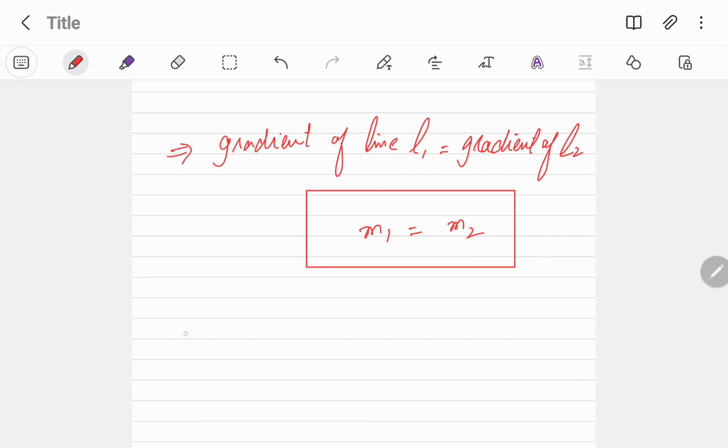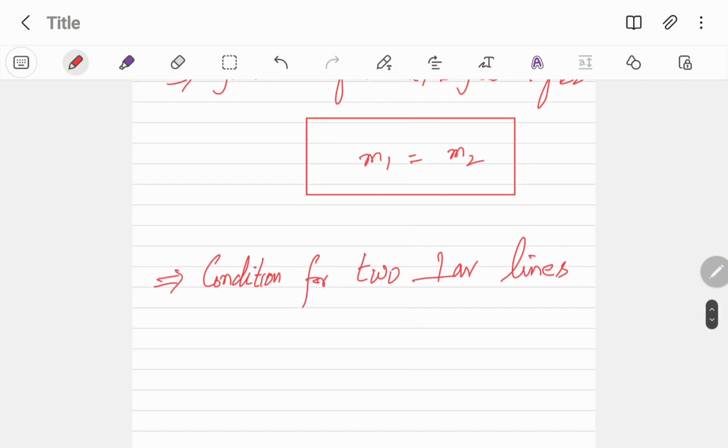Same like that, condition for two perpendicular lines. If two lines are perpendicular to each other, it is perpendicular sign.